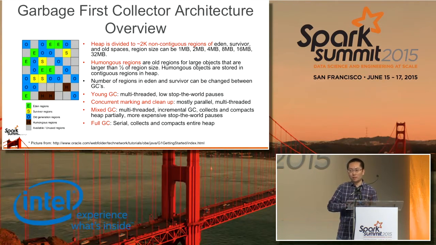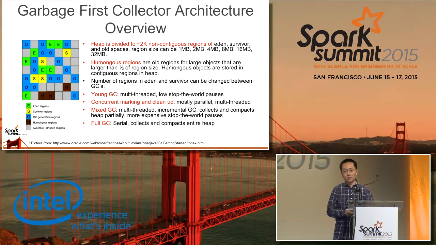You copy all the survivors to the survivor regions, and after several cycles of this young GC, if the objects survive, they will be promoted. Humongous objects bypass this young GC and are allocated directly to the humongous regions, and they will be handled in the concurrent phases that we are talking about next.